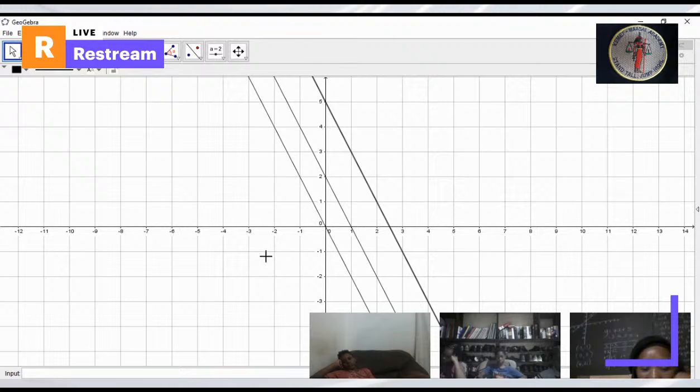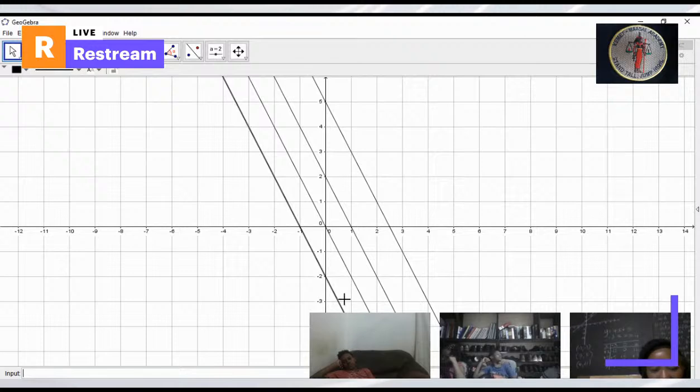So let's do negative 2x minus 2 and negative 2x minus 5. So that's y equals negative 2x minus 2. We took the original line and just dropped it 2 places down on the y-axis.